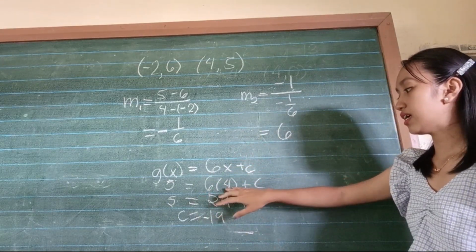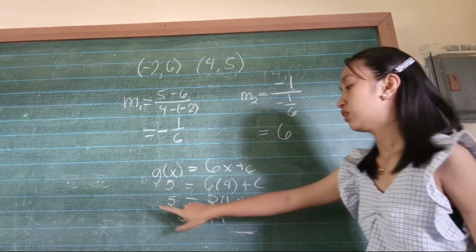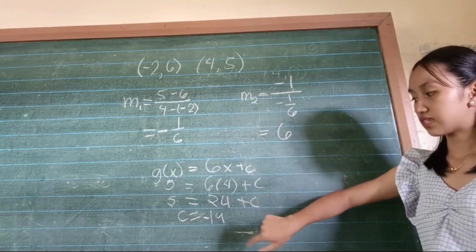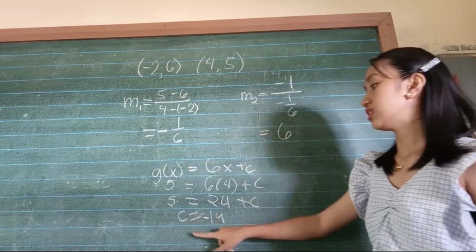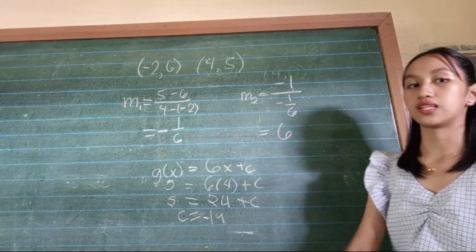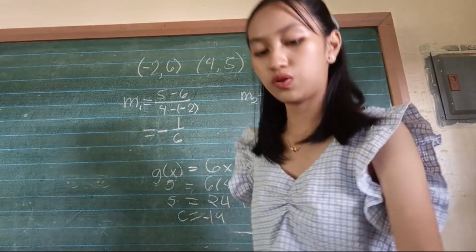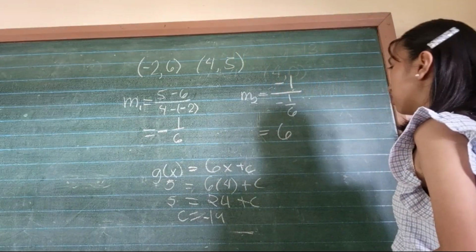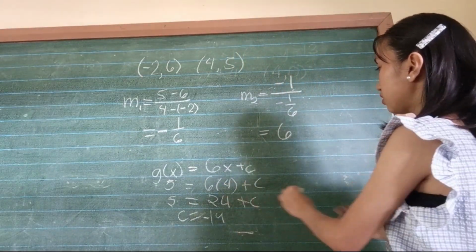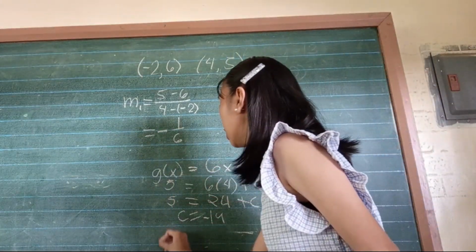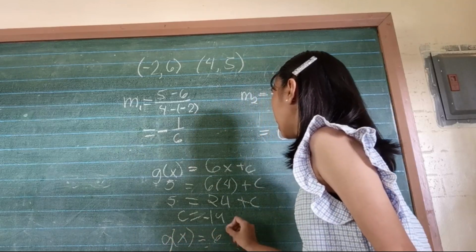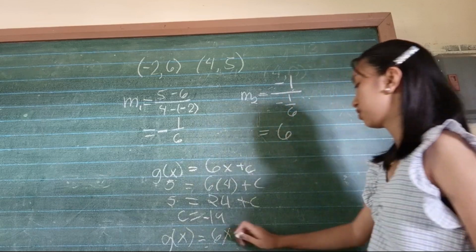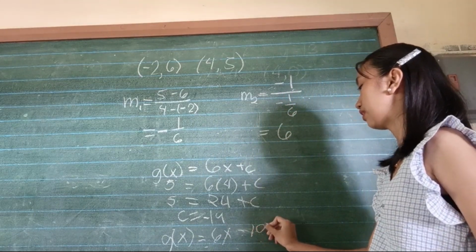So we multiply, we have 24 and then we subtract 24 from each side. So we have c is equal to negative 19. So the equation of the perpendicular line is g of x is equal to 6x minus 19.